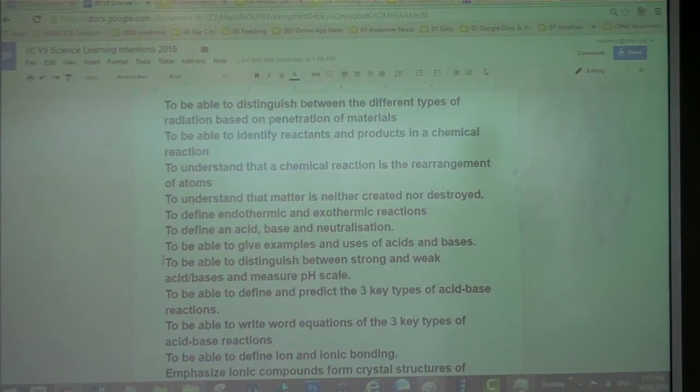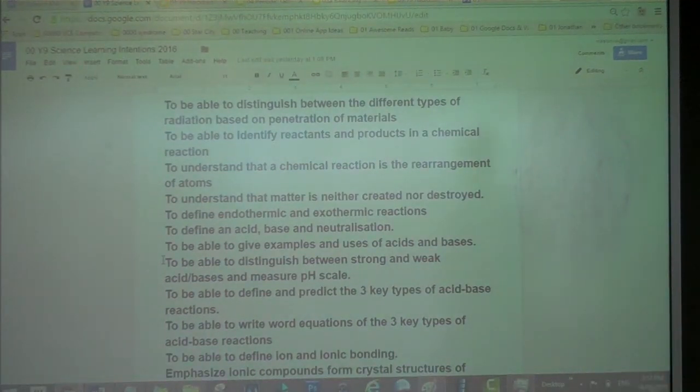I wouldn't use the word share, because in year 10 you do covalent bonding and they literally share electrons. But I know what you're saying. I would say that they transfer electrons between them. In fact, the metal is an electron donor, and the non-metal accepts electrons. That's always the case. And then they stick together.